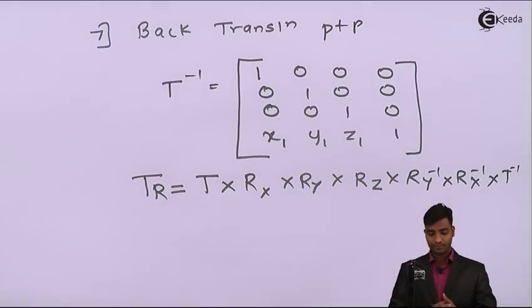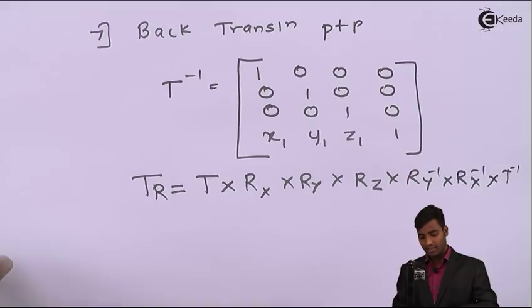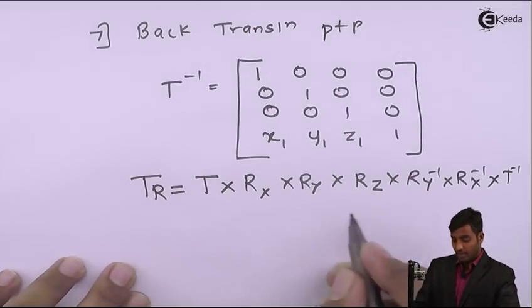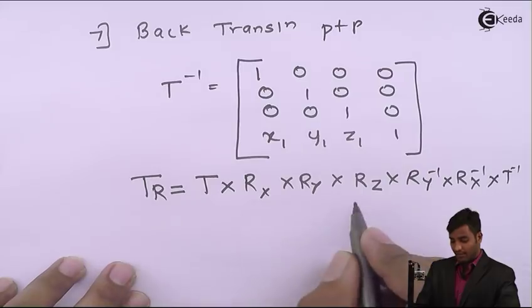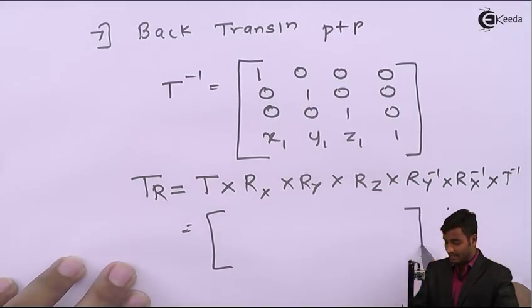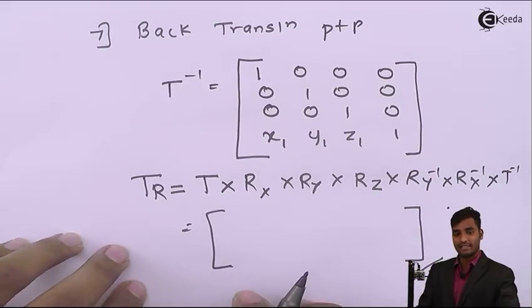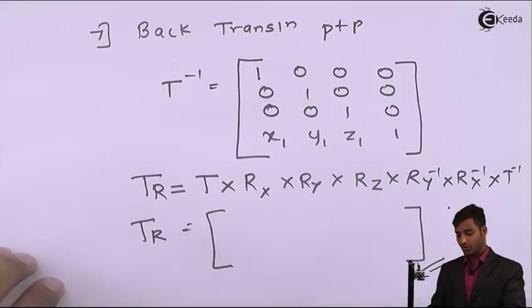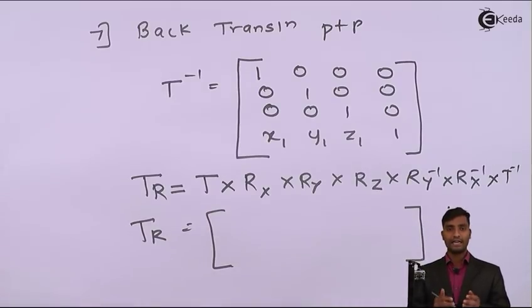Now we will multiply all the transformations so that we get TR. After solving all the matrices, we will get the final matrix, which will be the value for TR. So we successfully rotated a 3D point about a given 3D line.